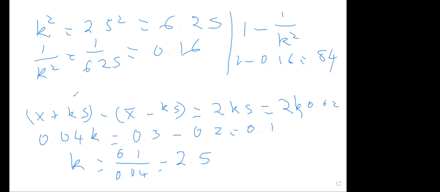So if you are given a Chebyshev interval and you want to find k, this is what you do. If you are given k and you want to find the Chebyshev interval, multiply k by the standard deviation. Add it to and subtract it from the mean to get the lower and upper values. That defines the Chebyshev interval. I will go back to the PowerPoint.